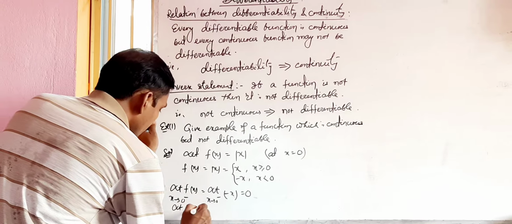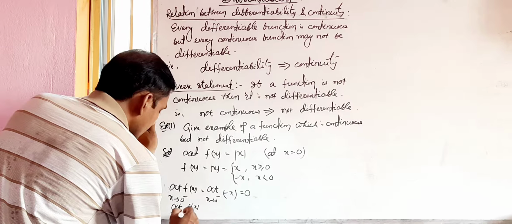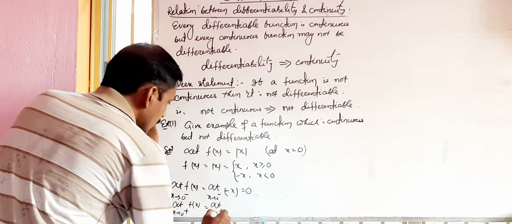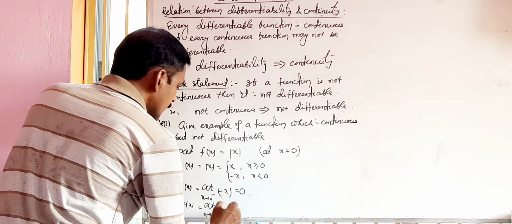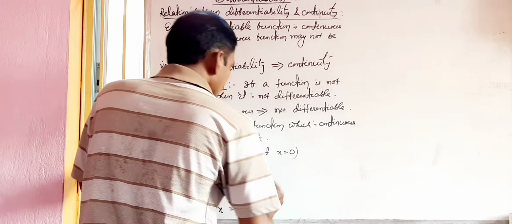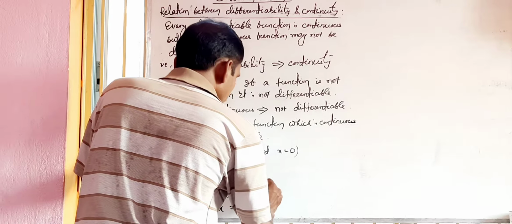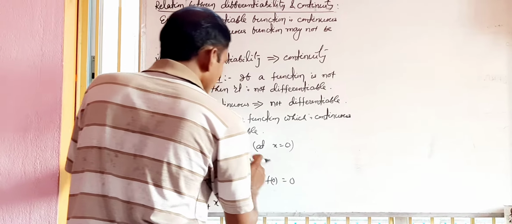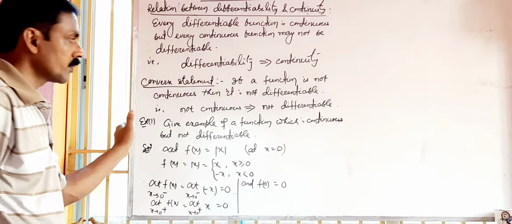Similarly, the limit of f of x as x tends to 0 plus, when x is greater than 0, the value is x, so this is also 0. And f of 0 is also equal to 0.